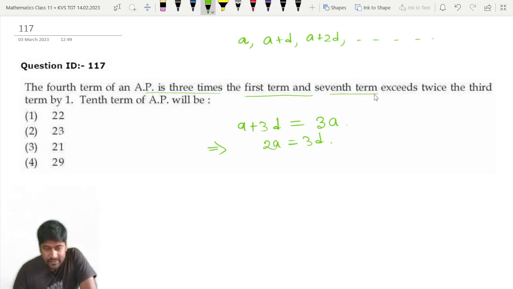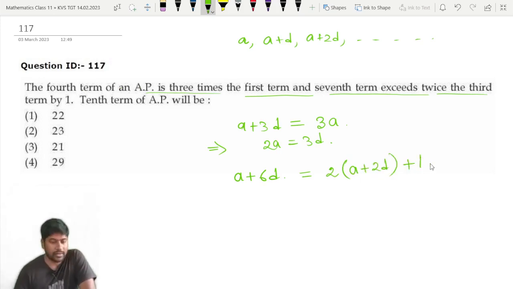And the seventh term exceeds twice the third term by 1. What will be the seventh term? A plus 6d exceeds twice the third term by 1. Twice the third term means 2 into a plus 2d, exceeds by 1, so plus 1. So a plus 6d is equal to 2a plus 4d plus 1.